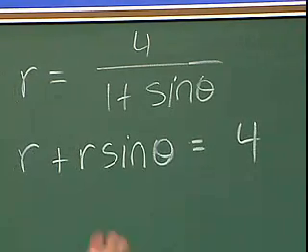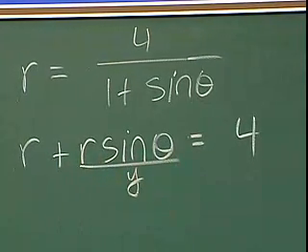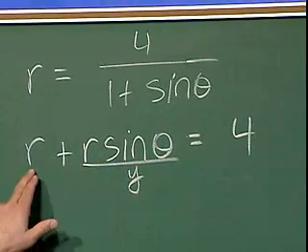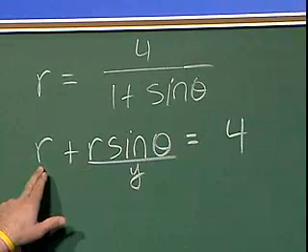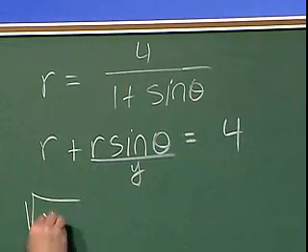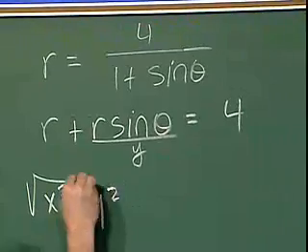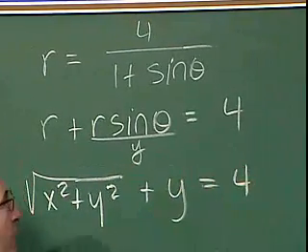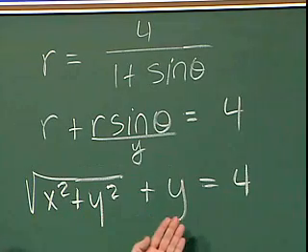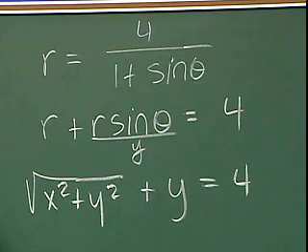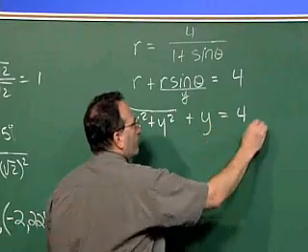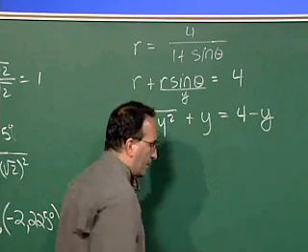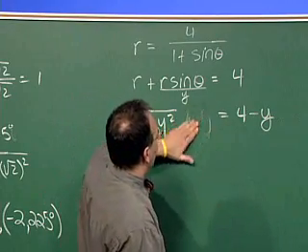Now, r sine theta is y, and r is the square root of x squared plus y squared. So we convert this to square root of x squared plus y squared plus y equals 4. I'm going to bring the y over here and make this minus y.